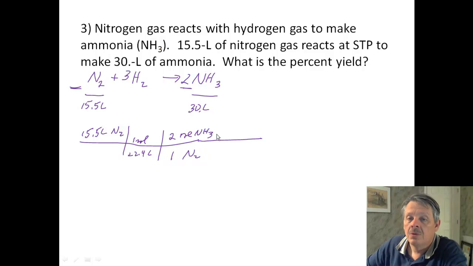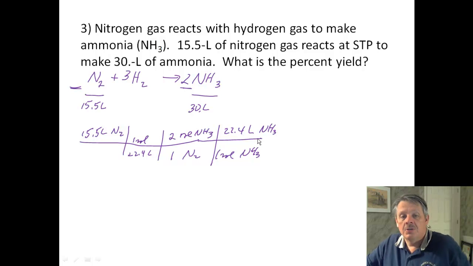And now, we don't want to go to grams, we want to go to liters, because we have 15.5 liters of nitrogen gas reacting to make 30 liters of ammonia. So we want to figure out how many liters of ammonia we expect. 1 mole of NH3 gas gives us 22.4 liters of NH3.